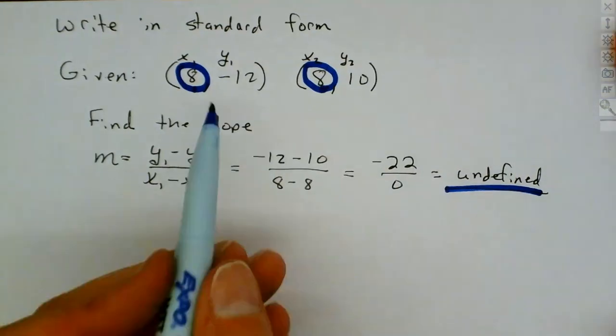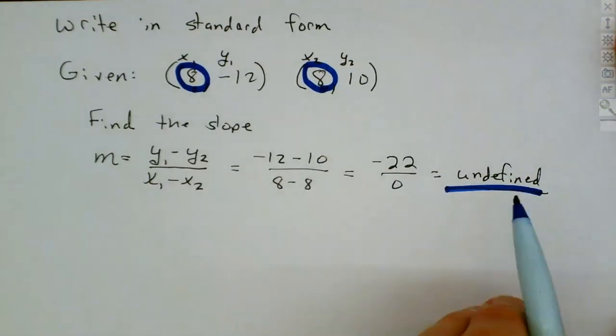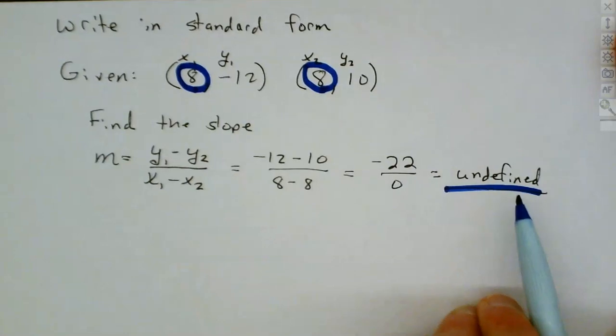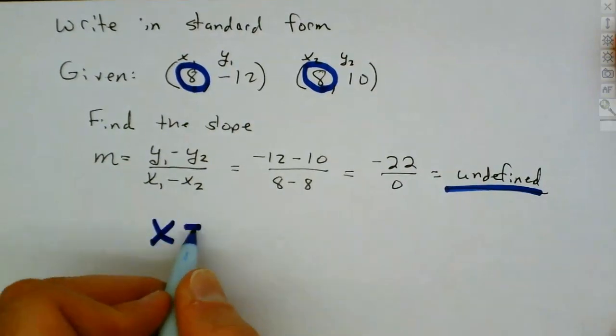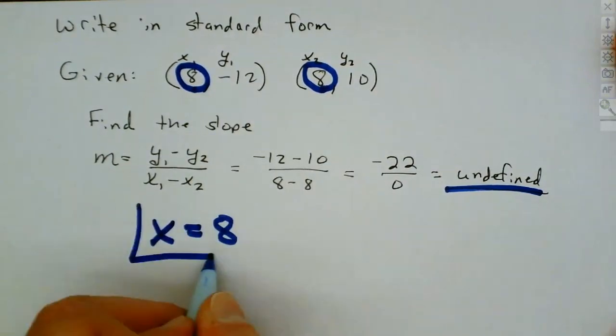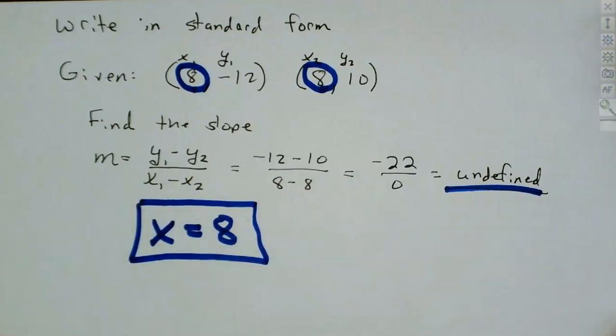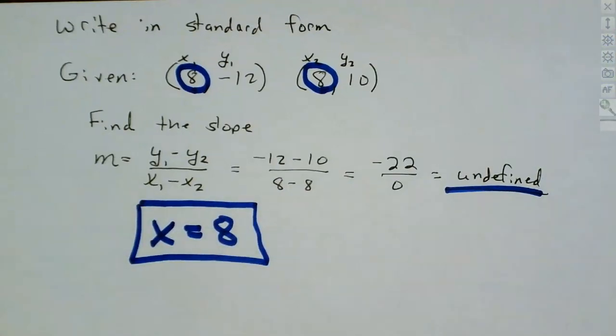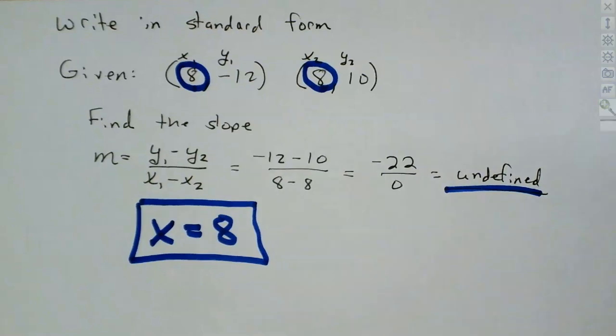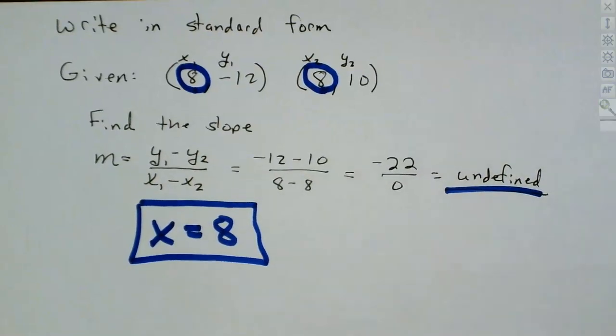So what are the same? The x parts. This is our undefined slope. So that means my answer would simply be x equals what? x equals 8, because it's a vertical line now. Y lines are horizontal and have a slope of 0. X lines are vertical and have an undefined slope.